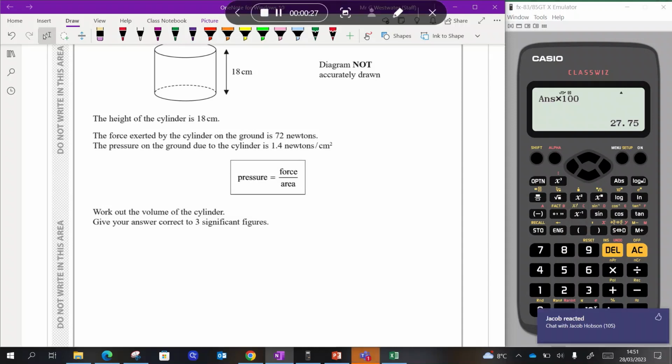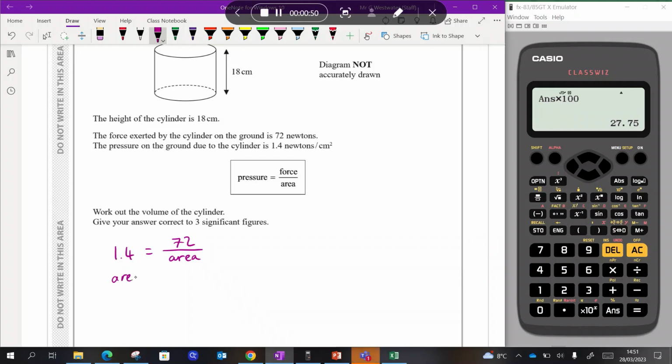So, let's put in all the information that we have. I know pressure, which is 1.4, equals force. It says the force exerted by the cylinder is 72 newtons, over area. So if I rearrange this, multiply through by area, divide by 1.4, I'll have 72 over 1.4 equals the area.